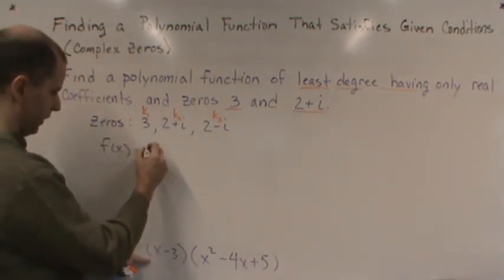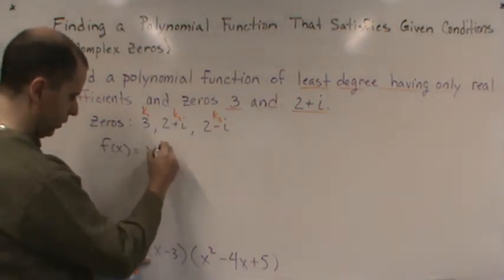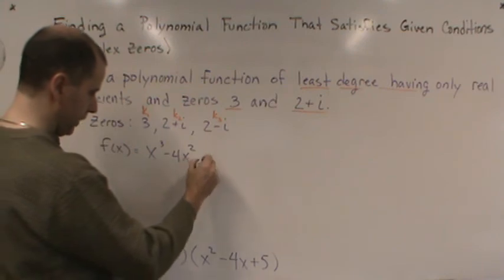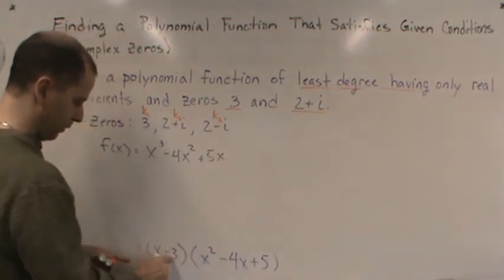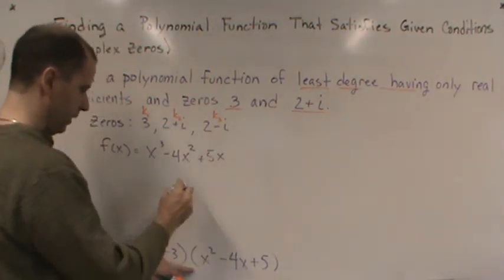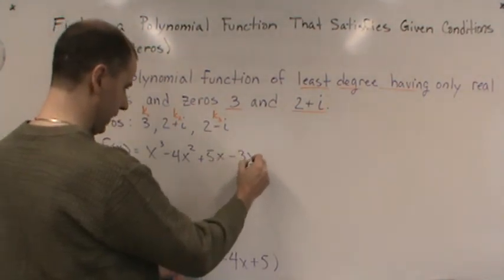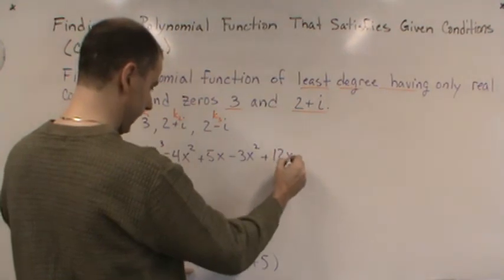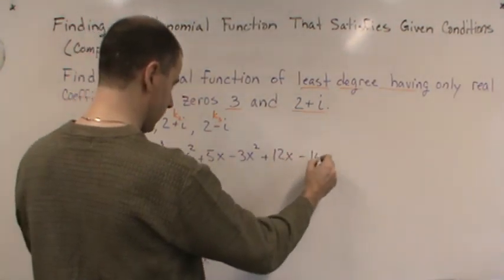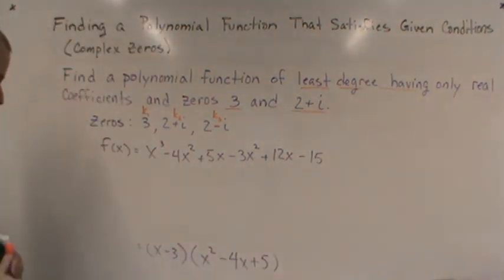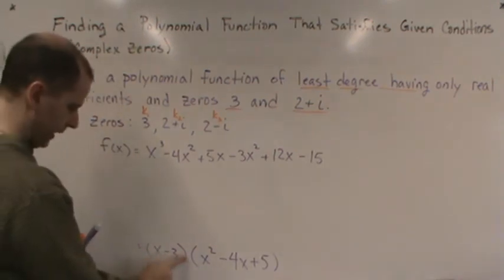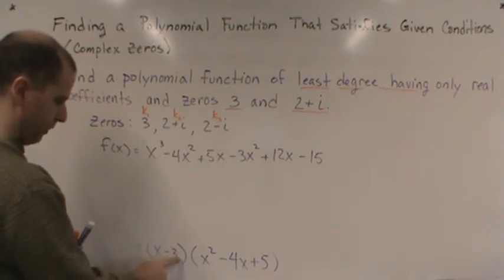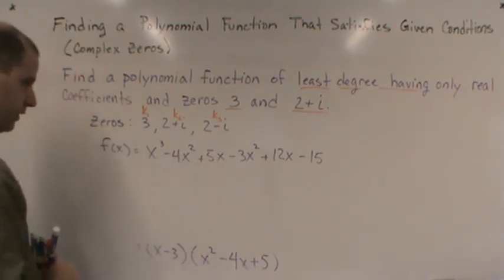So the x is going to become x cubed minus 4x squared plus 5x. And now I'm going to distribute the minus 3. So this is going to be minus 3x squared plus 12x minus 15. So all I did was distribute the x across each of these terms, and then I distributed the minus 3 across each of these terms.